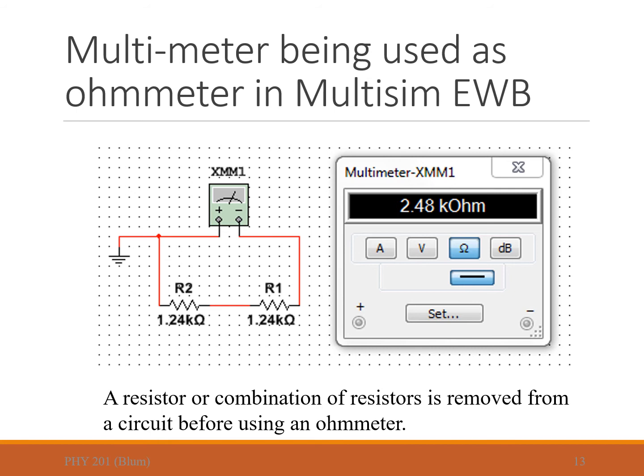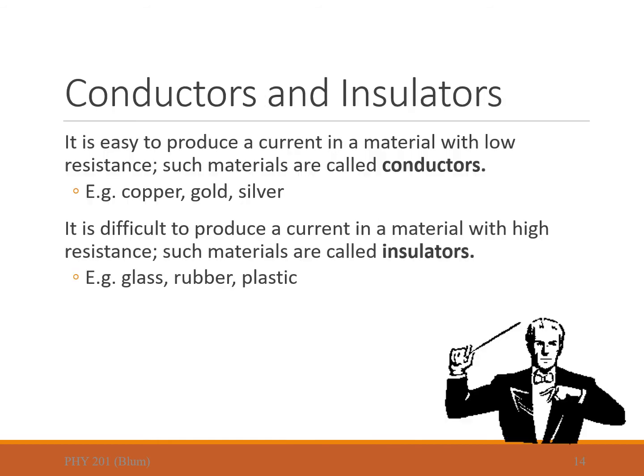In the case of measuring resistance with an ohmmeter, we do not want a battery in the circuit. So we remove any battery from the circuit, leaving only a resistor or resistors, and then connect the ohmmeter across that combination of resistors.